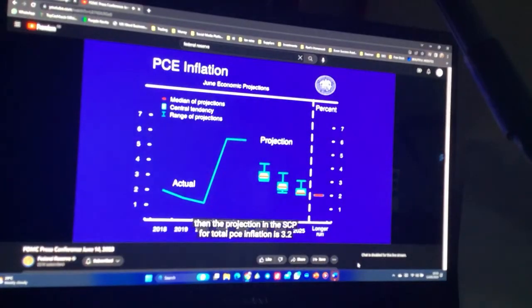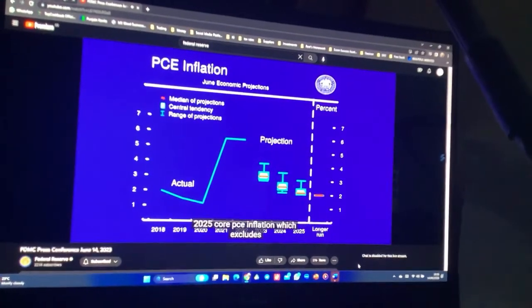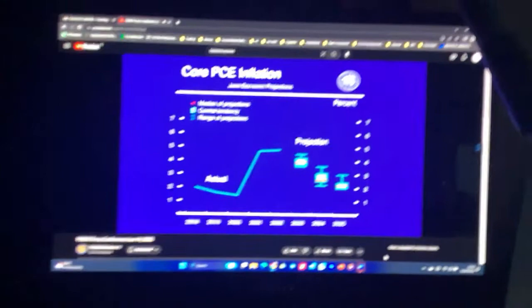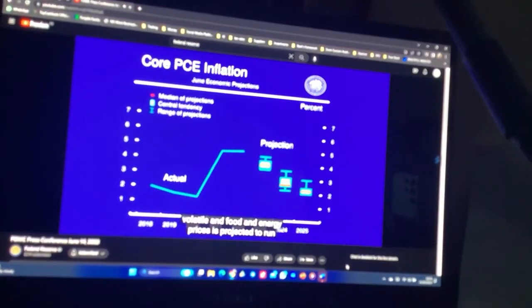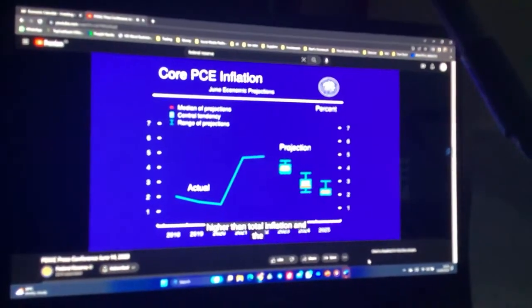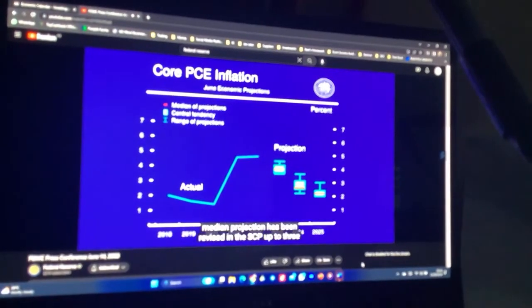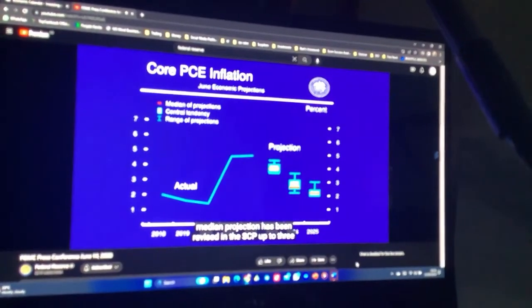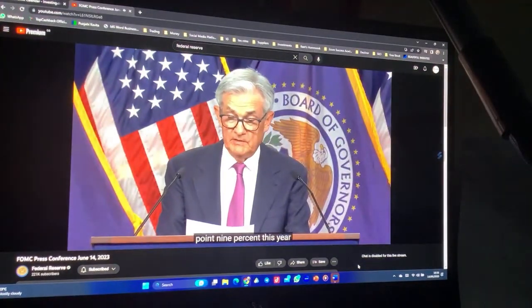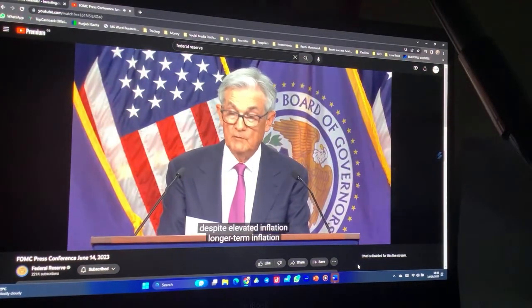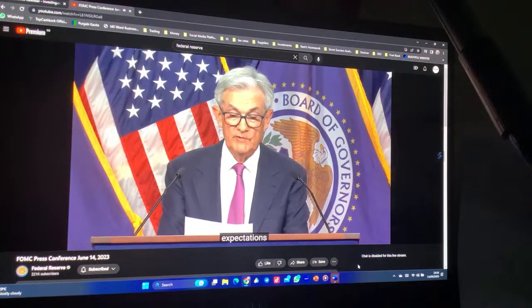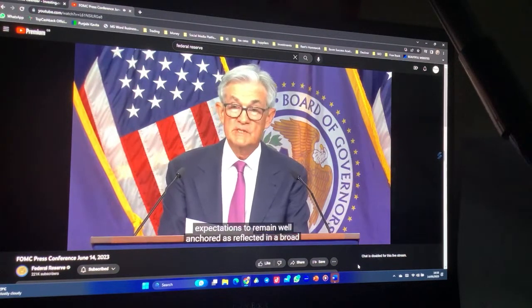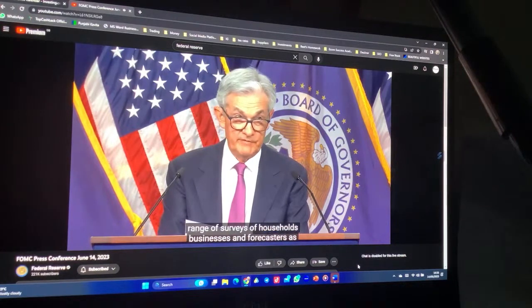The median projection in the SEP for total PCE inflation is 3.2% this year, 2.5% next year, and 2.1% in 2025. Core PCE inflation, which excludes volatile food and energy prices, is projected to run higher than total inflation, and the median projection has been revised in the SEP up to 3.9% this year. Despite elevated inflation, longer-term inflation expectations appear to remain well anchored, as reflected in a broad range of surveys of households, businesses, and forecasters, as well as measures from financial markets.